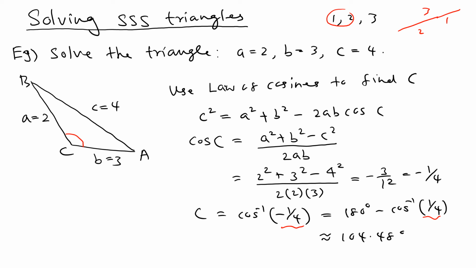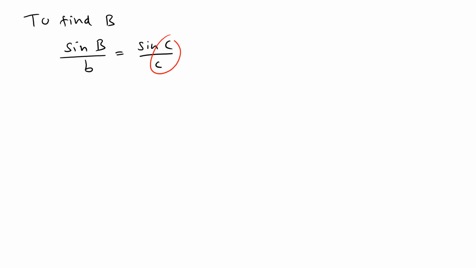After you know the value of C, we can use the sine law to find one more angle. We can either find A or B, so let's find B. We can write sine B over b equals sine C over c. We know this pair, so we can plug in the values, and we also know b.